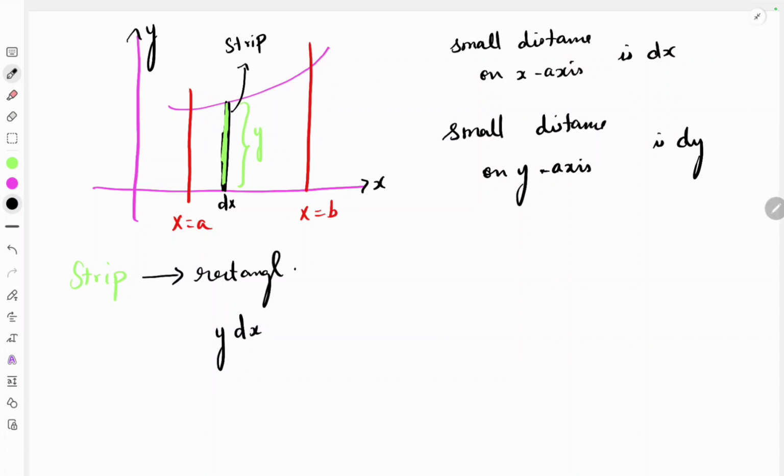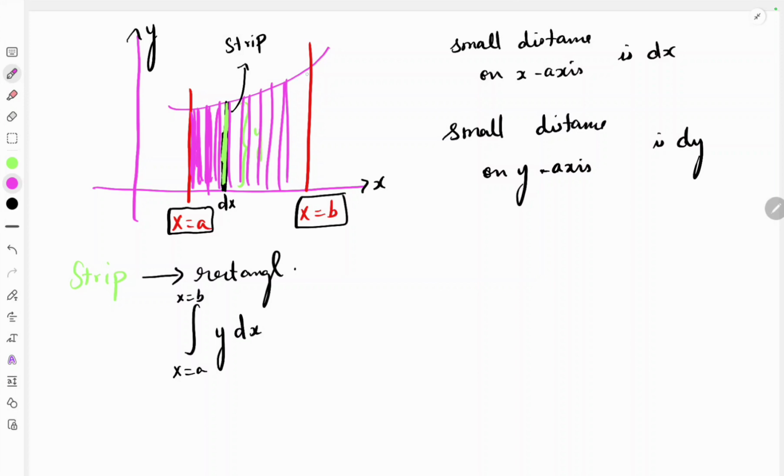Now I have to move the strip from x equal to a to x equal to b. In this limit, we are just adding all the areas. One strip will be there, this area plus this area plus this area, like this we keep on adding until we reach x equal to a.